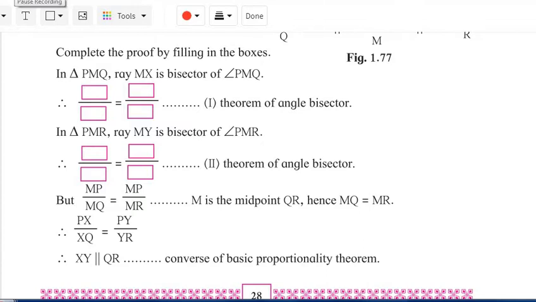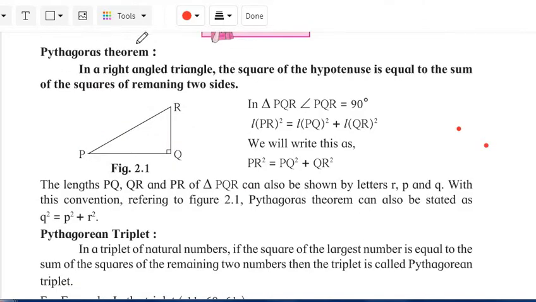What is meant by Pythagoras theorem? In a right angle triangle, the square of the hypotenuse. What is meant by hypotenuse first? Suppose this angle is 90. The side opposite to this right angle is called the hypotenuse, or greater side of a right angle triangle.